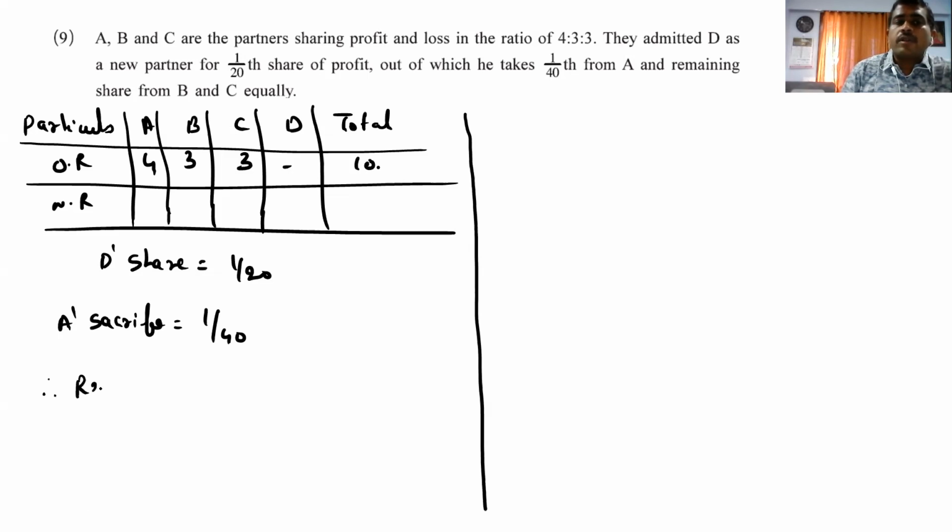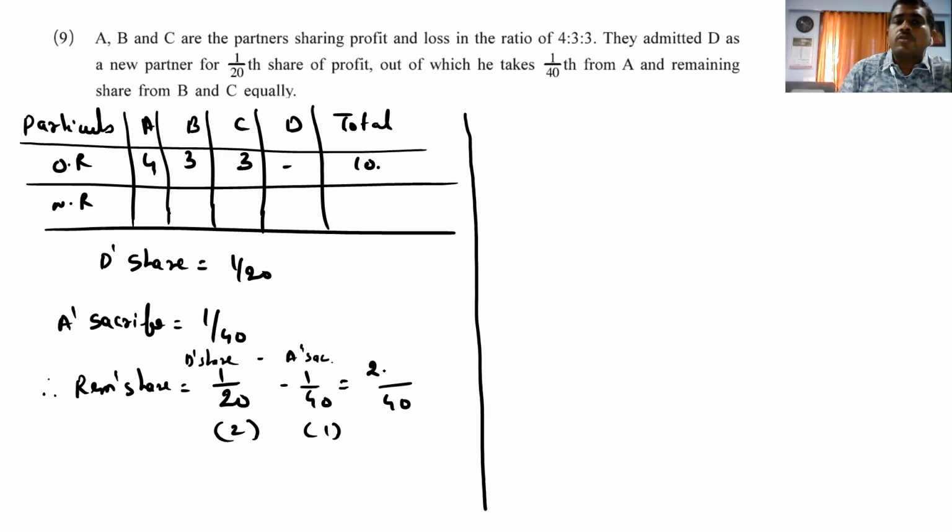First of all we find the remaining share: D's share minus A's sacrifice, that is 1 by 20 minus 1 by 40. Taking LCM 40, 2 minus 1 comes to 1 by 40. The remaining share is also 1 by 40.